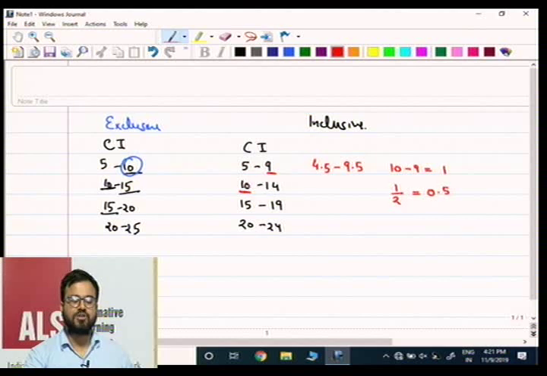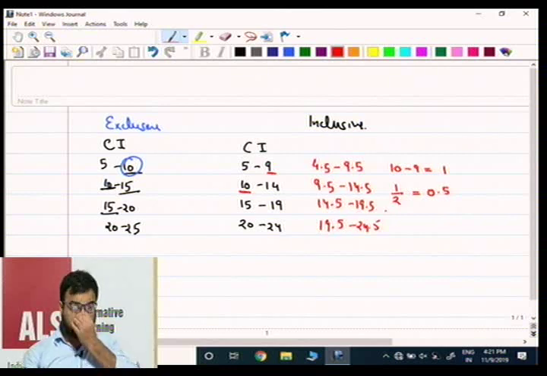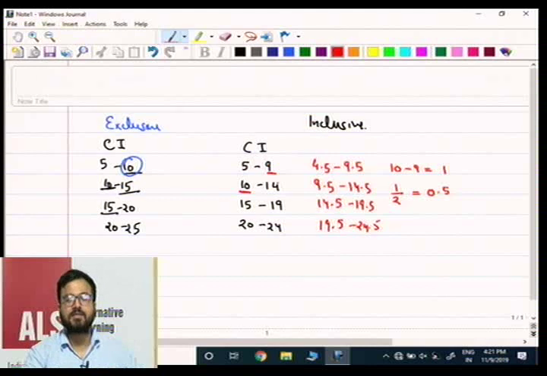Similarly, subtracting 0.5 from 10 becomes 9.5, this becomes 14.5. Then 14.5, then 19.5, then 19.5, then 24.5. Now you can see that the class interval is continuous or exclusive type.